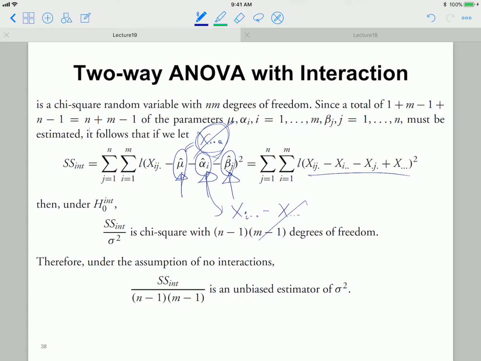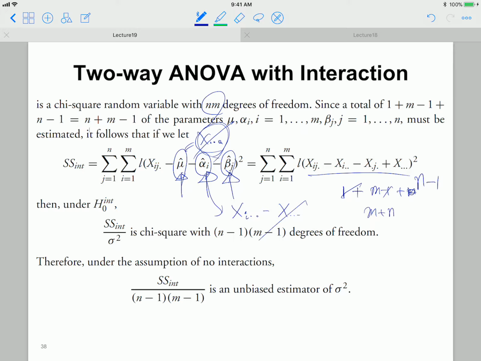And then here, from the original degree of freedom of m times n, how many parameters do we actually estimate in this case? It is really the same as the additive model with no interaction, so we already considered it in the previous slide. Mu is just one parameter, alpha i's are n minus 1, plus beta j's n minus 1, right?